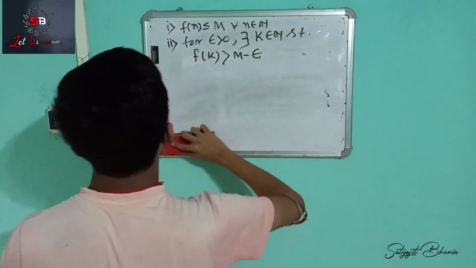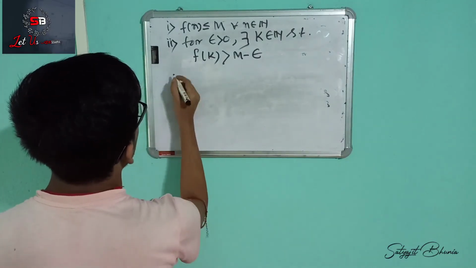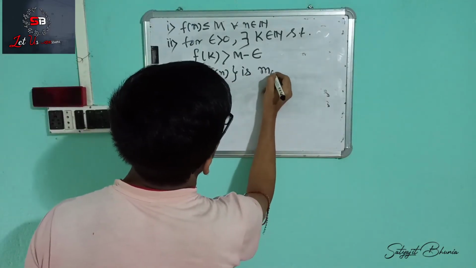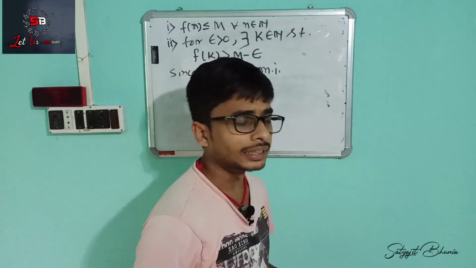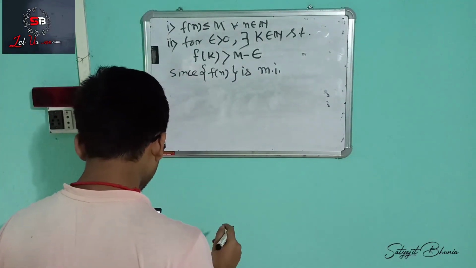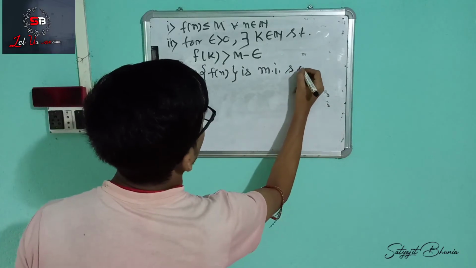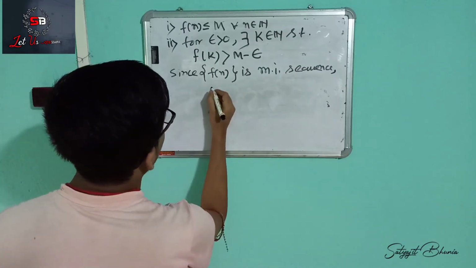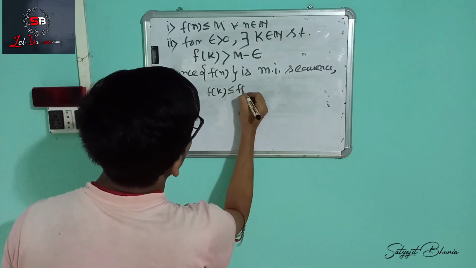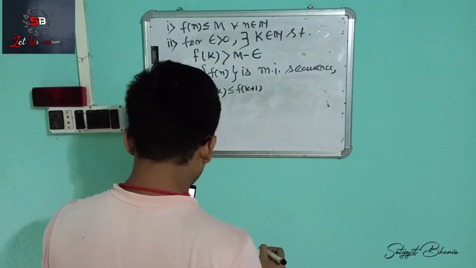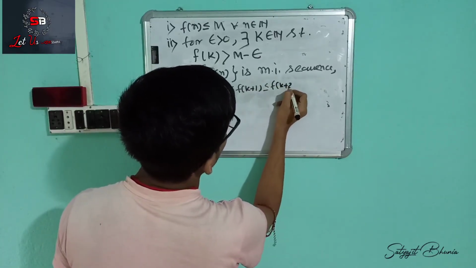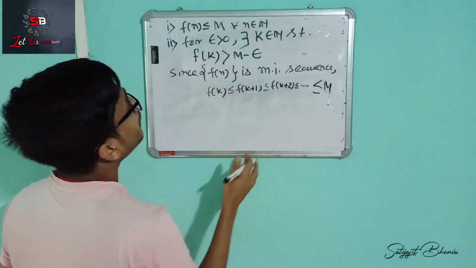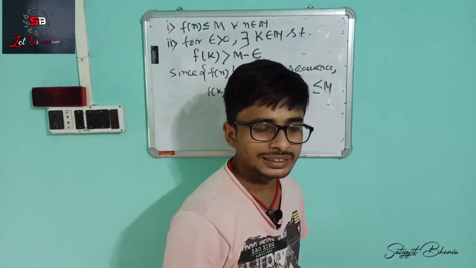Since fn is a monotonic increasing sequence, we have fk lesser or equal to fk plus 1, lesser or equal to fk plus 2, and so on, all are lesser or equal to capital M, since M is the least upper bound.